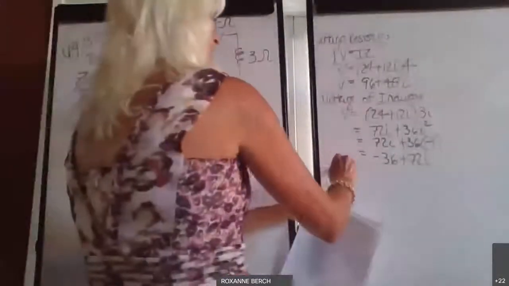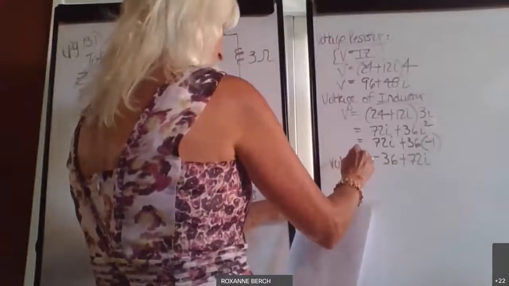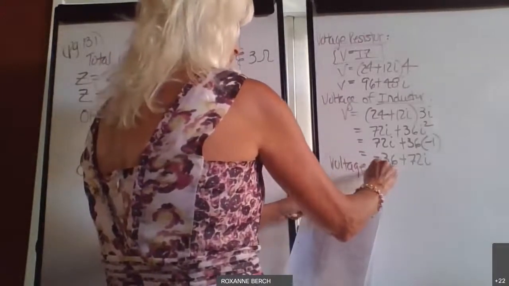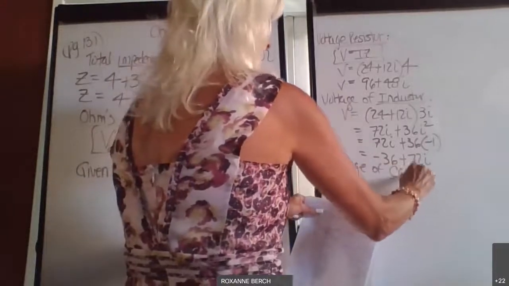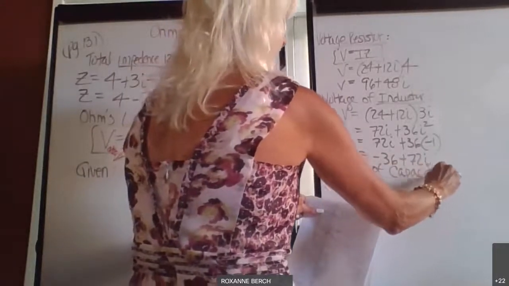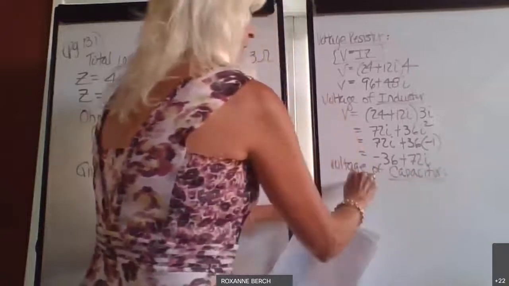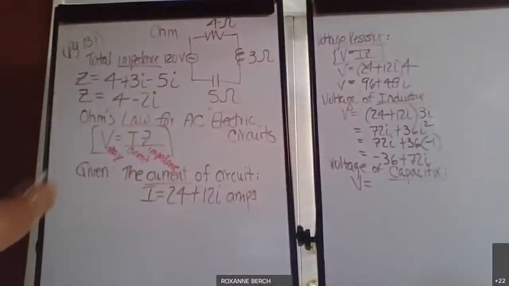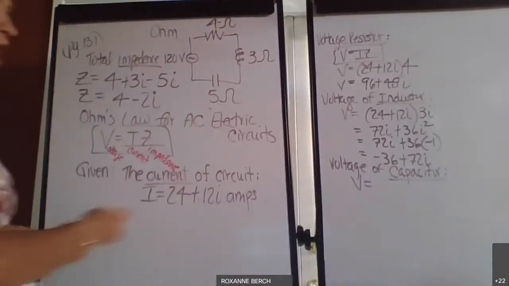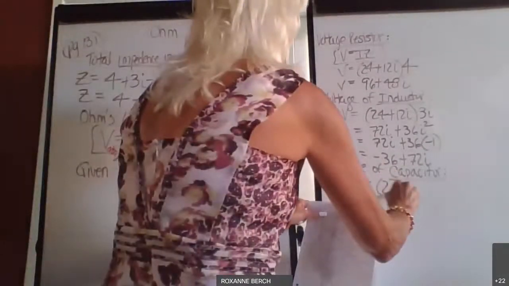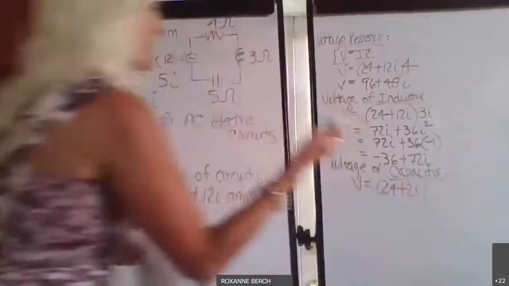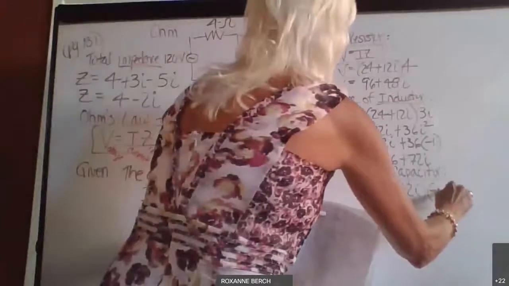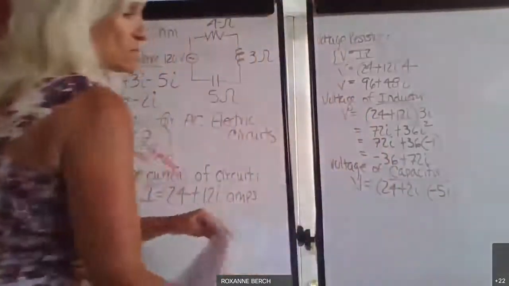So now we're going to find the voltage of the capacitor. Which is the same formula, voltage equals I times Z, Ohm's law. I is going to be what's given, 24 plus 12i, times the impedance of the capacitor, which is -5i. And then you distribute.